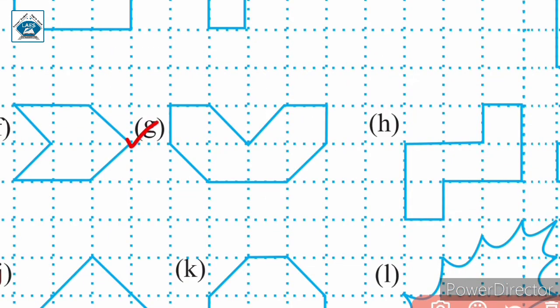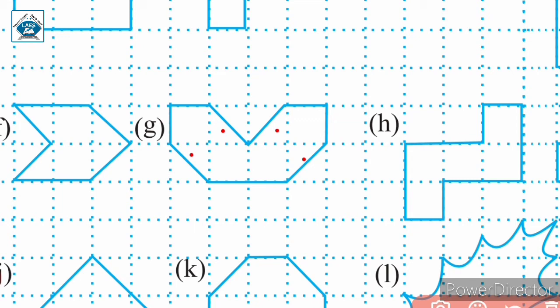In the next figure, we can see the number of complete squares is 1, 2, 3, 4. 4 squares are completely occupied by this figure. Now counting half squares. It is 1, 2, 3, 4. So यहाँ पर the given figure occupies 4 complete squares and 4 half squares.